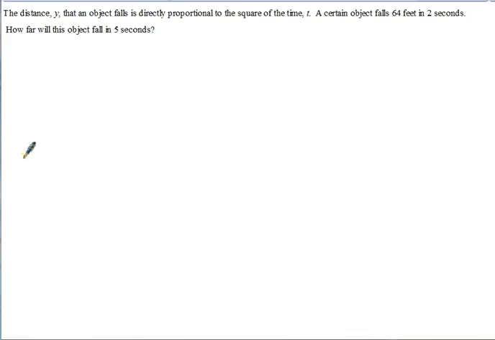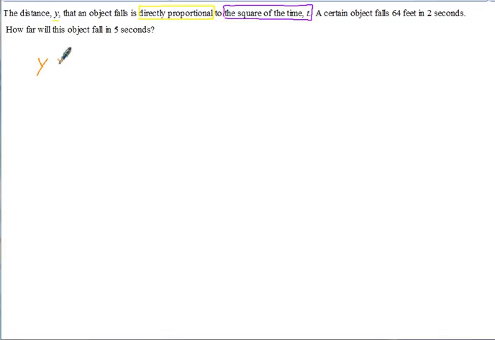This one says the distance y, so y is one of our variables, that an object falls is directly proportional to the square of the time t. So notice it's not to the time, it's to the square of the time. Okay, so let's write that down first as our basic equation.